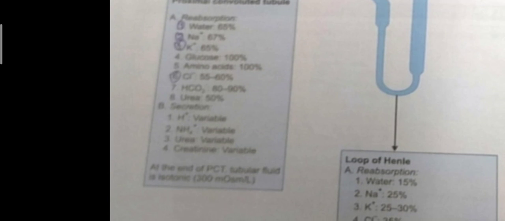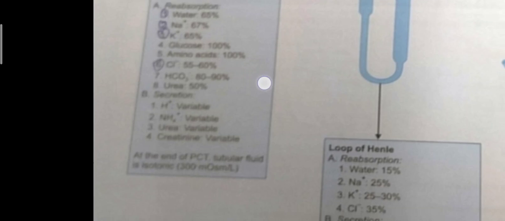In PCT, water is 65% absorbed and sodium 67%, potassium 65% and glucose and amino acid 100% reabsorbed, and chloride ion 55 to 60% and HCO3 80 to 90% and urea 50%, and secretion of H plus, NH4, urea, creatinine which is variable. At the end of the PCT, the tubular fluid is isotonic.